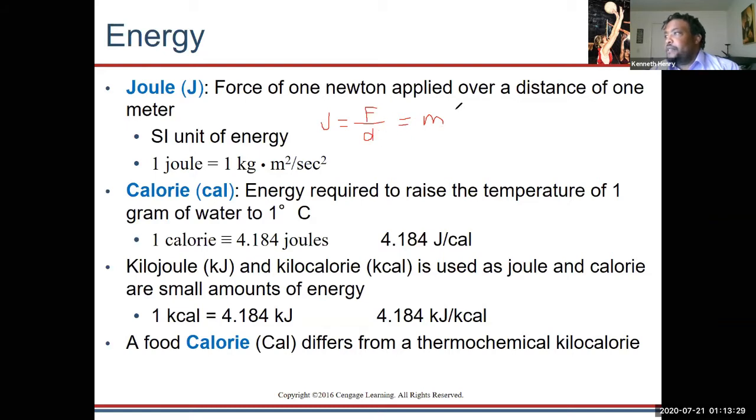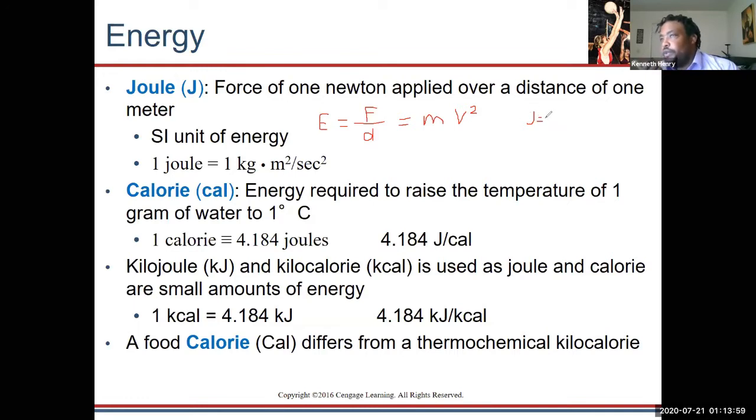And then mass per velocity squared. Okay, so then the units are going to be joules in terms of units. We should say energy. So energy is equal to force over distance, which also equals mass times velocity squared.